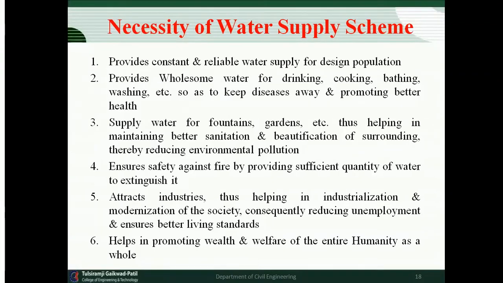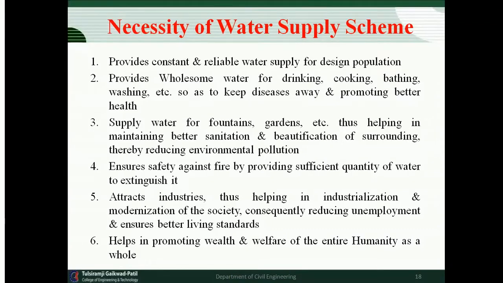Point number 3. It supplies water for fountains, gardens, etc., thus helping in maintaining better sanitation and beautification of surroundings, thereby reducing environmental pollution. Point number 4. A water supply scheme ensures safety against fire by providing sufficient quantity of water to extinguish it. In case of a fire in a city, fire hydrants are used to mitigate that fire, and a water supply scheme provides sufficient quantity of water through those hydrants.